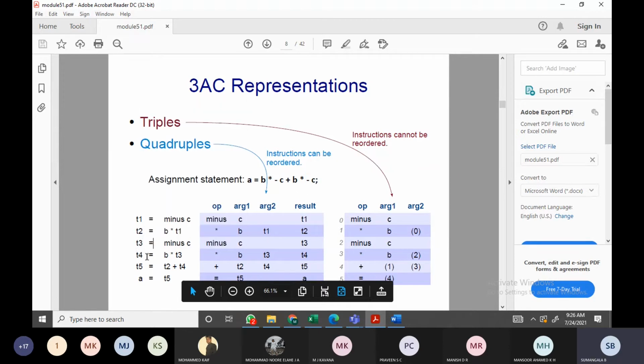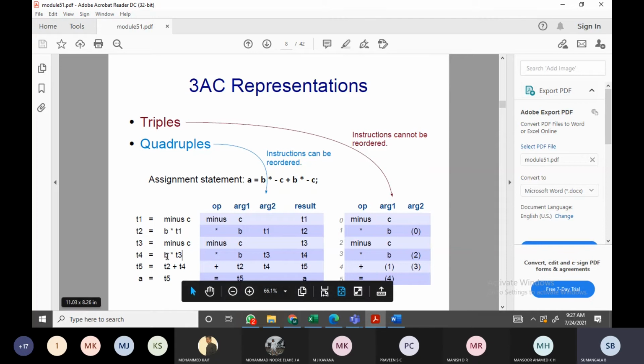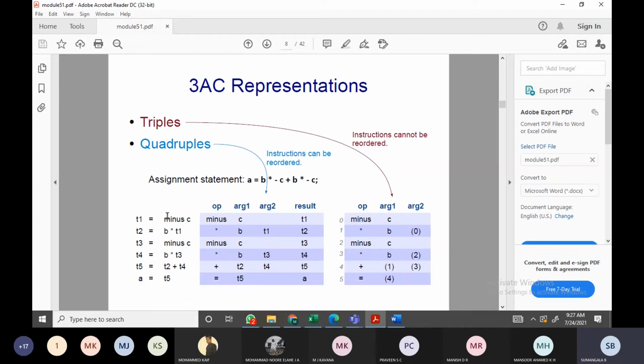Then you multiply. You take this part B star minus C, the complete rightmost expression, so you write B star T3, in which you have stored the minus C. You can observe that in T1 we are storing the minus C, and in T3 also we are storing the minus C. Once the intermediate code is generated, you have a code optimizer, where it will reduce the code.